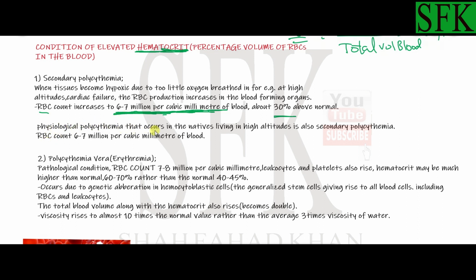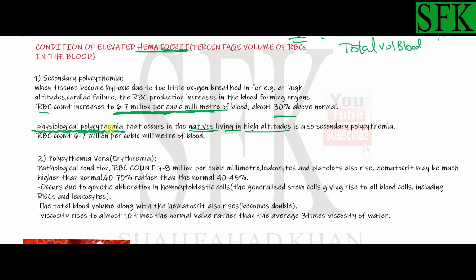Physiological polycythemia occurs in natives, who are basically living in the high altitudes. As I told you, at high altitudes the partial pressure of oxygen in the environment is much lesser, so the oxygen that enters the person's blood is much lesser than is required by the body.